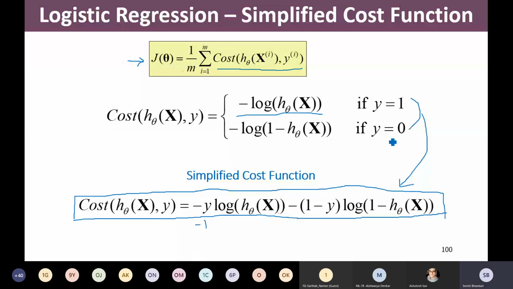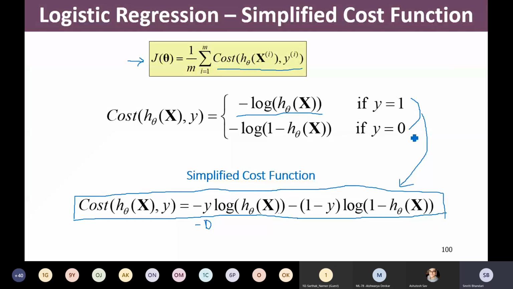Similarly, if I put y equal to 0 in this expression, then what will happen? This first term will be 0, and the second term will become 1 minus 0, that means 1. So minus log of 1 minus h theta x.